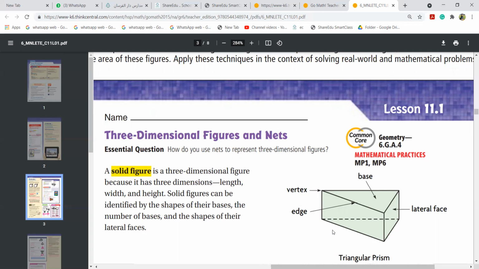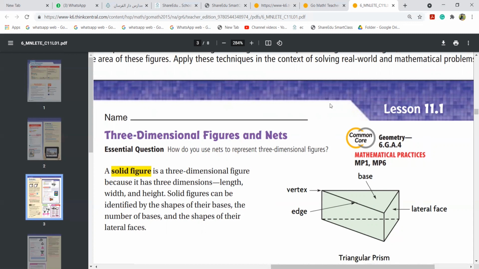How many edges are there? This is called the lateral face, which shows the side and the faces. And this is the base, which can be kept down. These lines are the edges, and exactly the corner is called the vertex. You must know what is the lateral surface, what is the edge, what is the base.